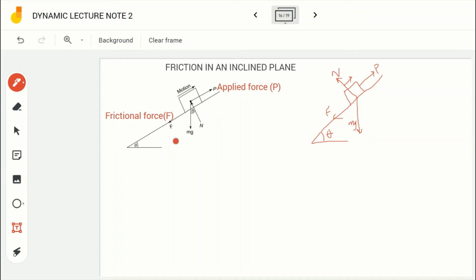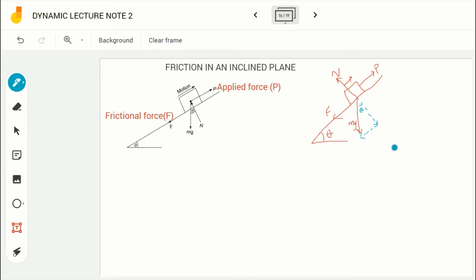So the first thing I do is to resolve this mg because it's inclined. That means I will have a vertical force going down, and also I will have a force going horizontal. Now here is the angle, and please note that this angle is the same as this angle.